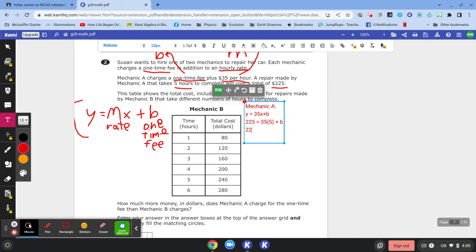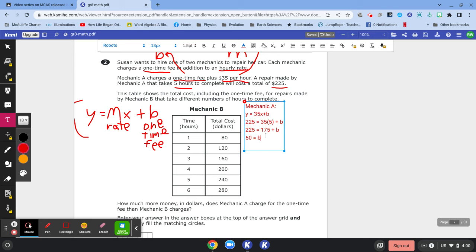So $225 for the overall repair equals 35 times 5, which is 175, plus B. And then we subtract 175 from both sides, and we get 50 equals B. So we know the one-time fee is $50 for mechanic A.